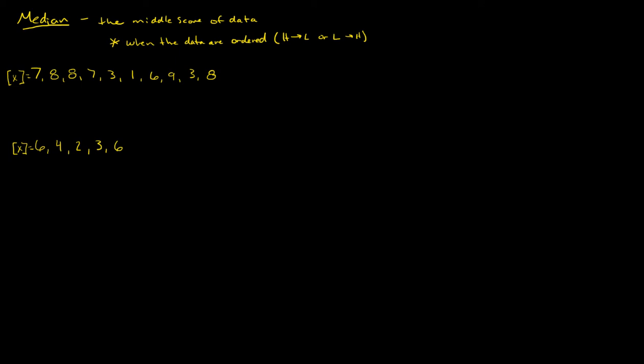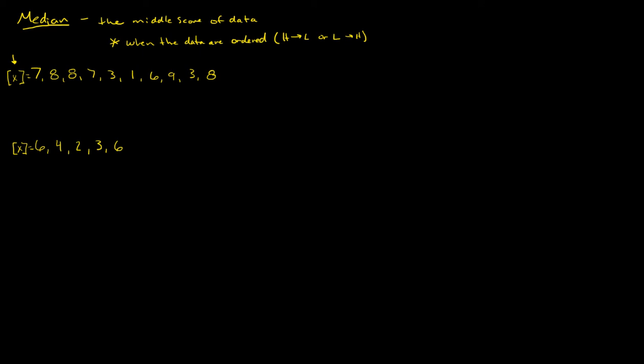Okay, so I've drawn out some data sets. This first one up here, and I'll put the arrow here, this random variable x is the one I used in the video on mode. And here we have 7, 8, 8, 7, 3, 1, 6, 9, 3, 8. It is an unordered data set on the random variable x, which we can call years of employment.